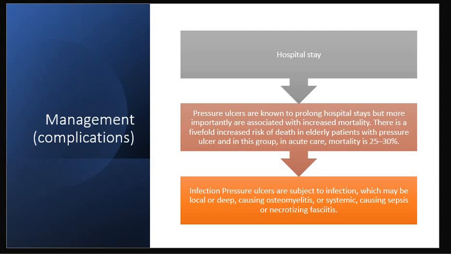And we know that the most important cause is the pressure, so we need to insert some bedding like a ripple mattress, which reduces the pressure over the bony prominence. So the number one prevention is to add the ripple mattress over the patient's bed.